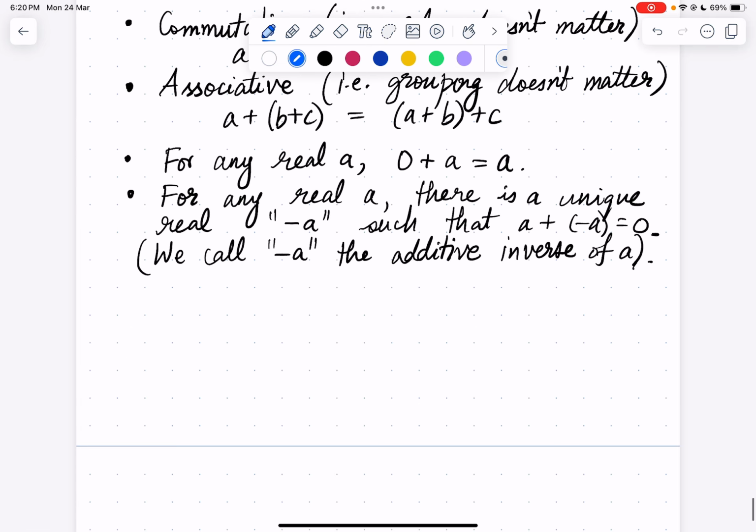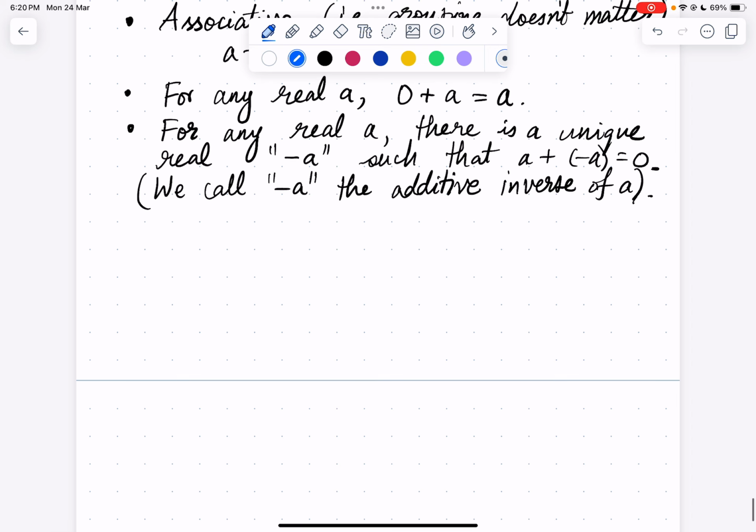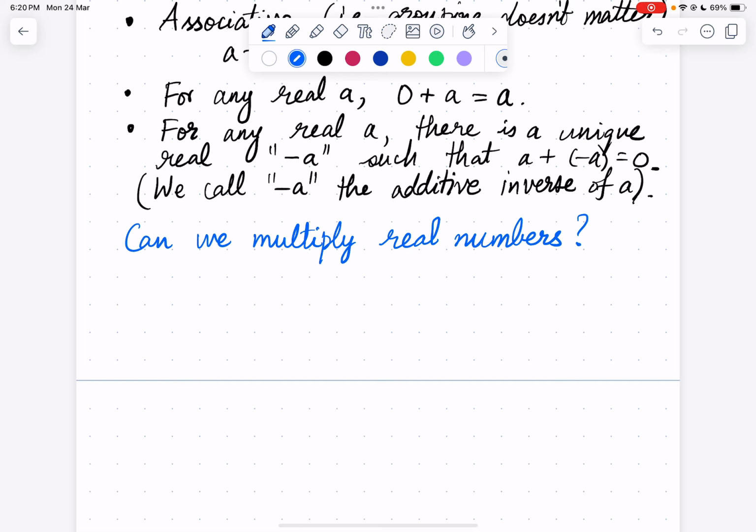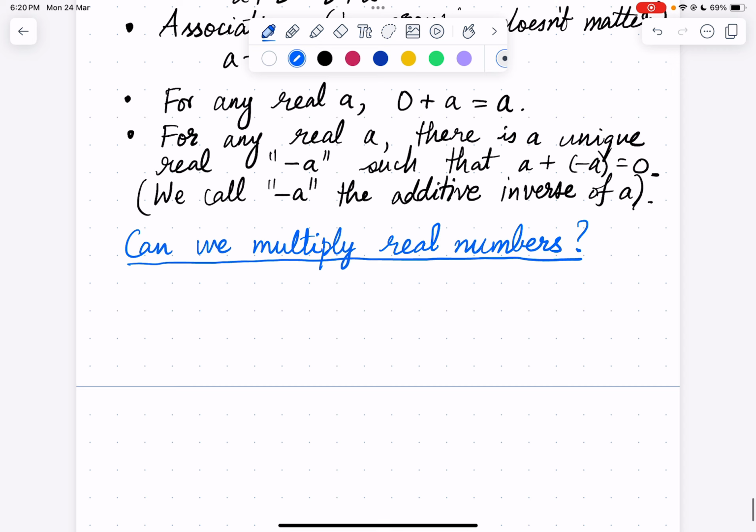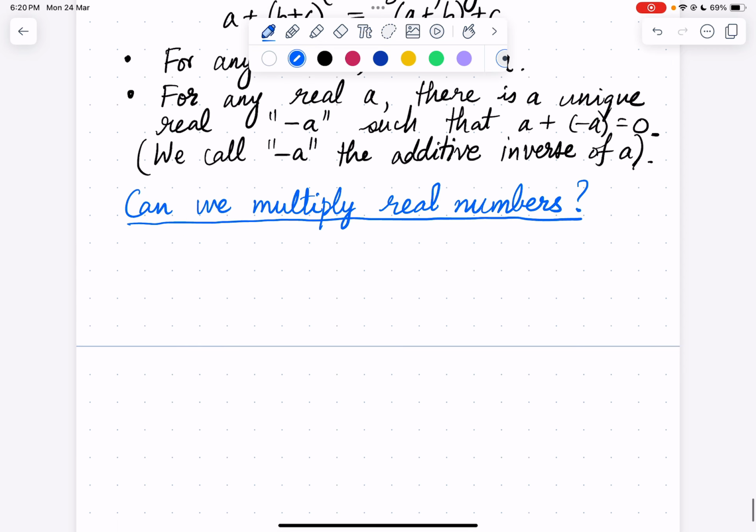Now we can ask the same question about multiplication. Can we multiply reals? This is a somewhat more difficult question. Can we multiply real numbers? Can we multiply points on the number line in a natural fashion, or any 2 points on the number line? So it turns out yes.